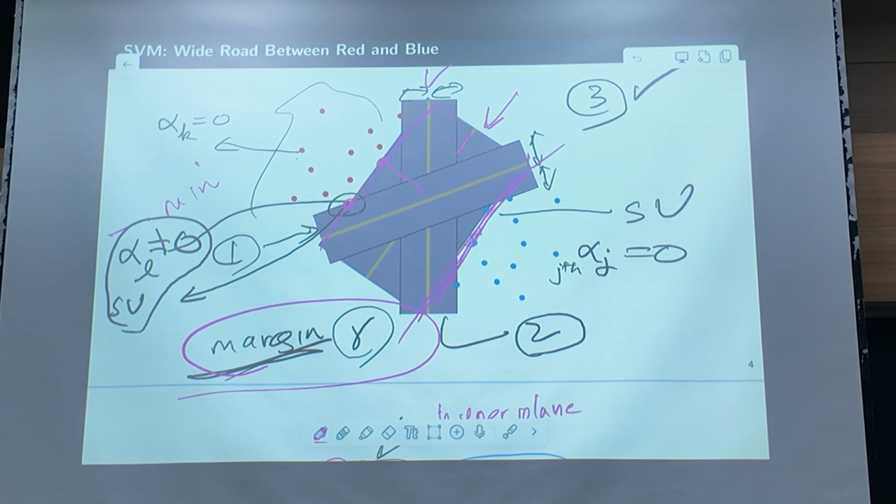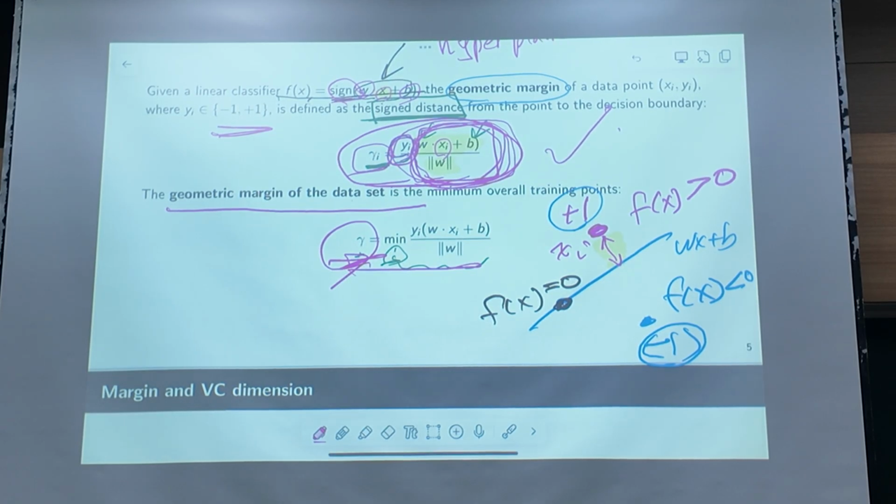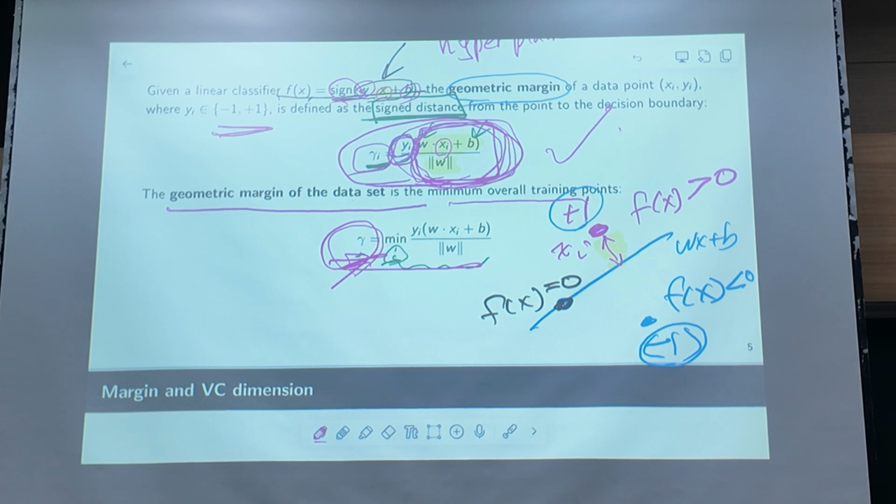That's gamma. Other ones will have a bigger margin. So we're looking at the geometric margin of the data set that is the minimum over the whole training set, and our objective is to maximize this minimum value.